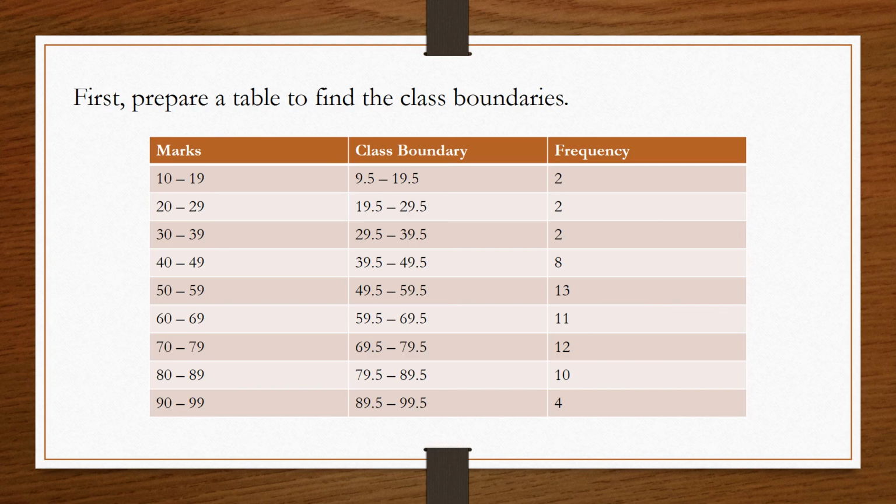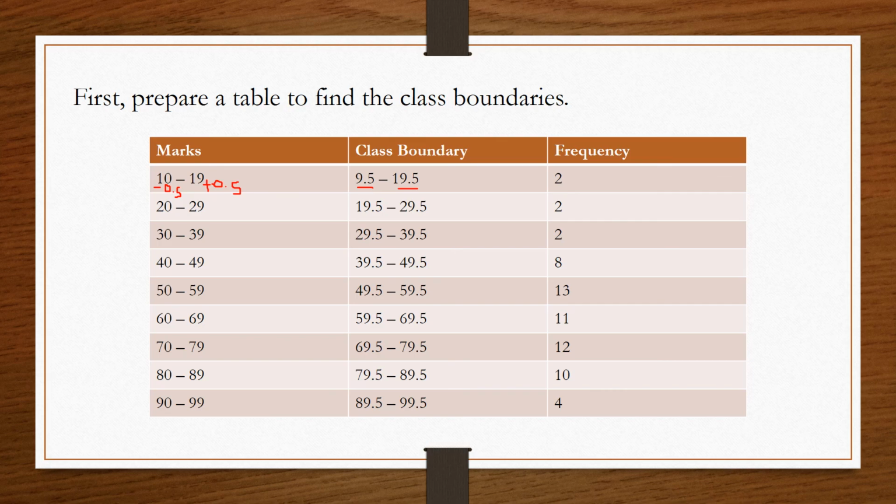Let me explain what I did here. For the first interval, the boundaries we have here are 9.5 and 19.5. How did I do this? You subtract 0.5 from the lower class limit, and then add the same 0.5 to the upper class limit.